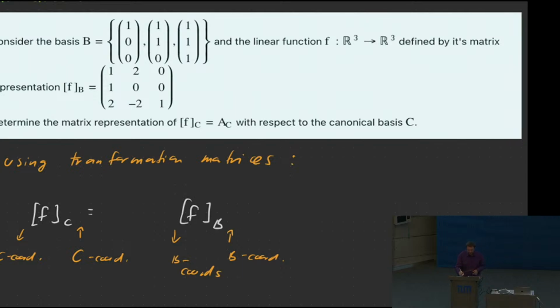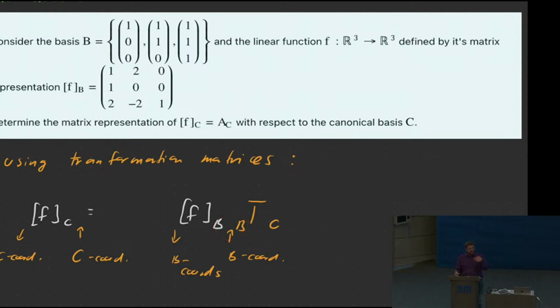That means if you want to be able to feed C coordinates into this matrix, we need to transform them to B first. So the first transformation we need here is the transformation from C to B. Remember, the same system always meets when we do matrix multiplication, so there's a B here and a B here.